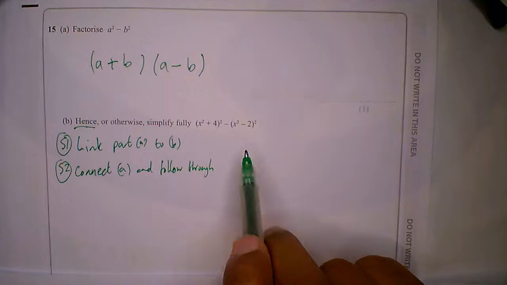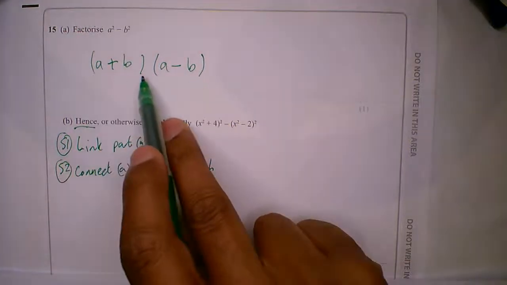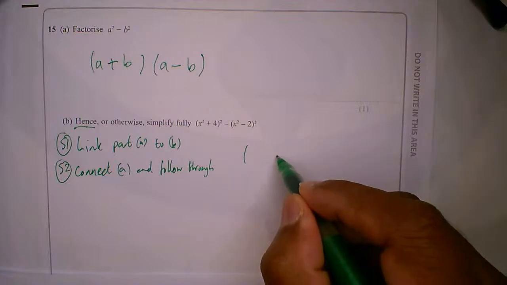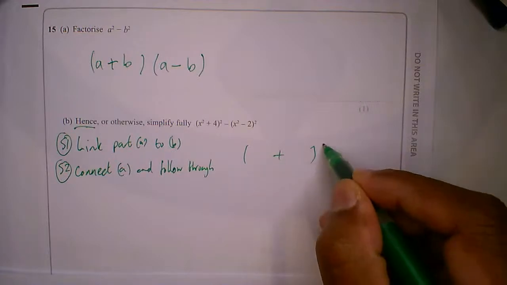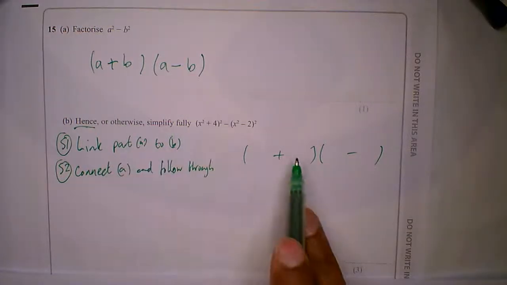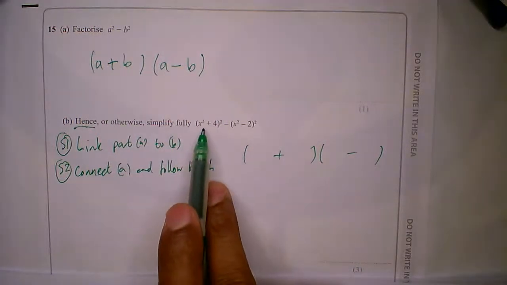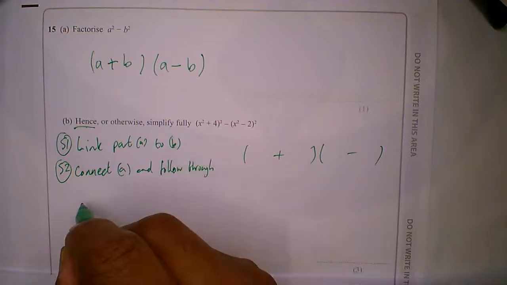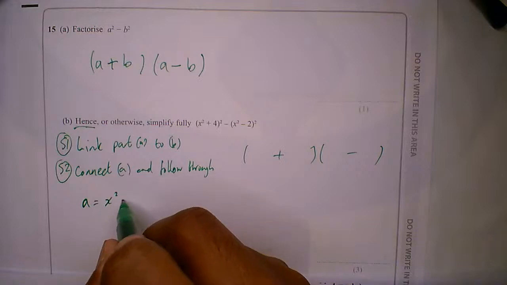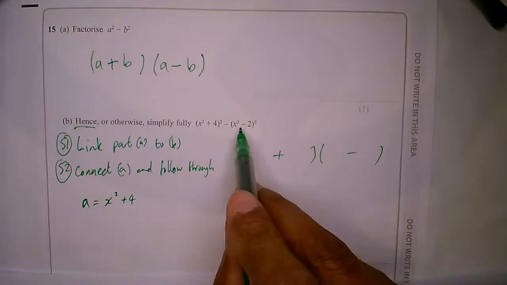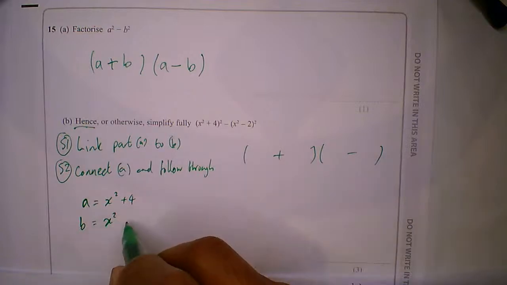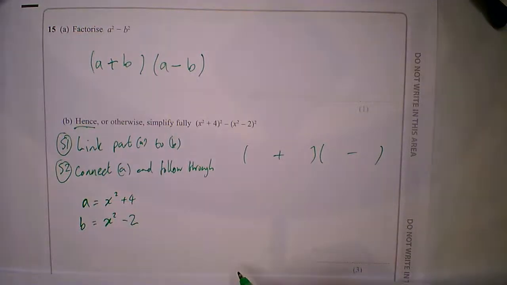So this means that we've got something plus something, something minus something. Okay, that is my connection. And all of this is my A. So A equals x squared plus 4. All of that, and B is all of that. B equals x squared minus 2.